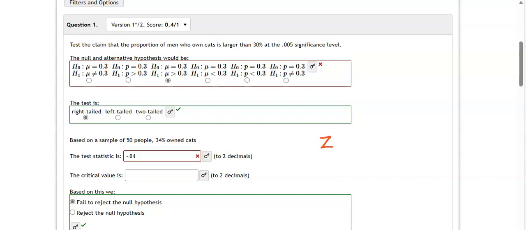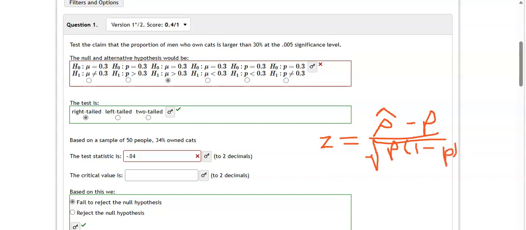Since it's a proportion, we are going to use our p hat, which is our sample proportion, 34% in this case, minus p, and I apologize for my first grade like writing on here, over the square root of p times 1 minus p over sample size n.